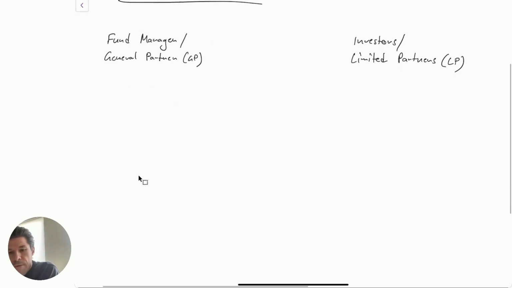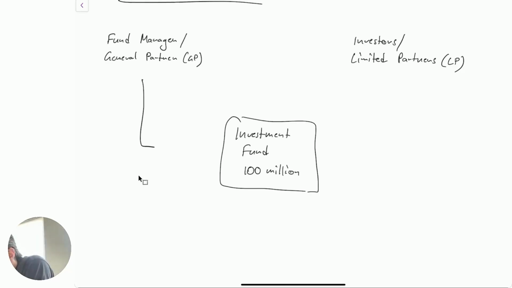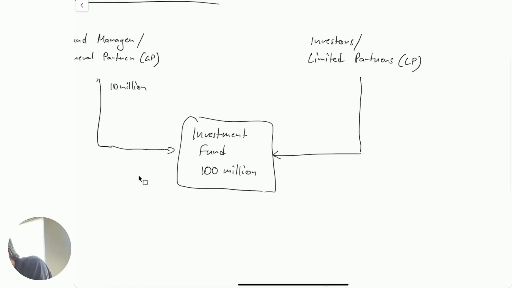So let's assume you have an investment fund. Let's say 100 million. Then potentially the general manager, they put some money in, maybe 10 million. And then what is happening? All those outside investors, they put money in as well. And they can be many investors.